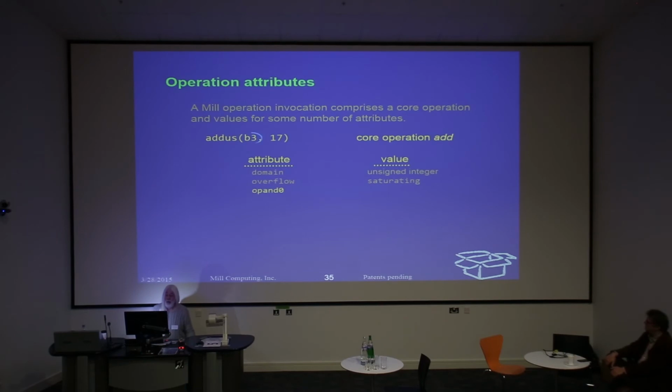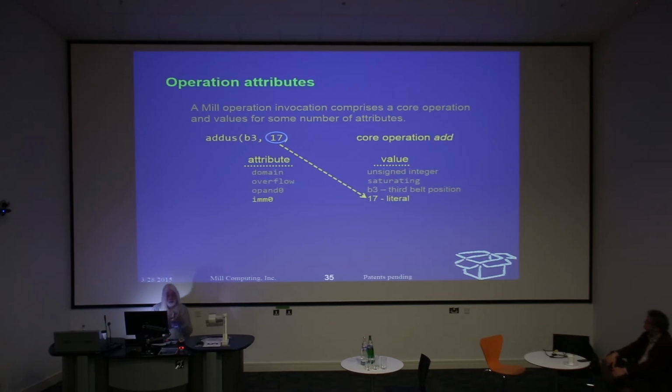Then we have an operand, say the third belt position, and an immediate value, which is a literal. This is the mechanism for how the assembler operations are built. For each operation, when we define a machine, we list all possible attributes that are meaningful for a particular core operation. What can you do within the core notion of an add? Well, I can add floats, and I can add signed integers, and I can add unsigned integers, and guess what?